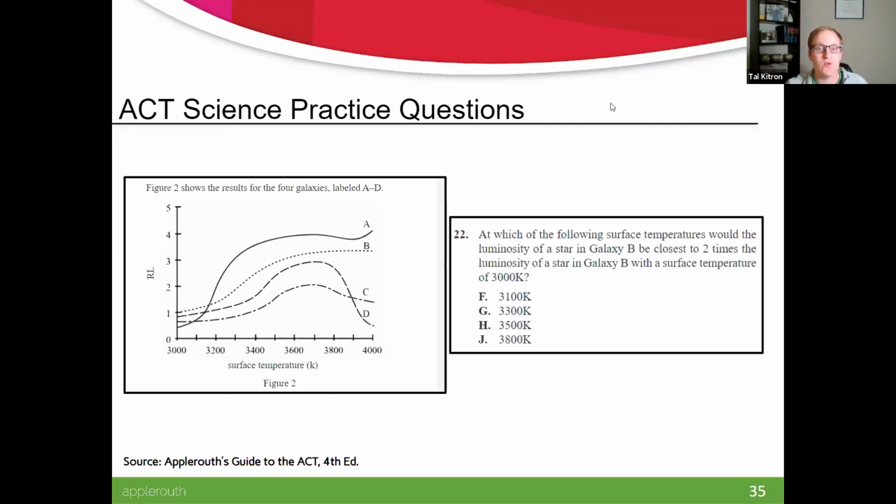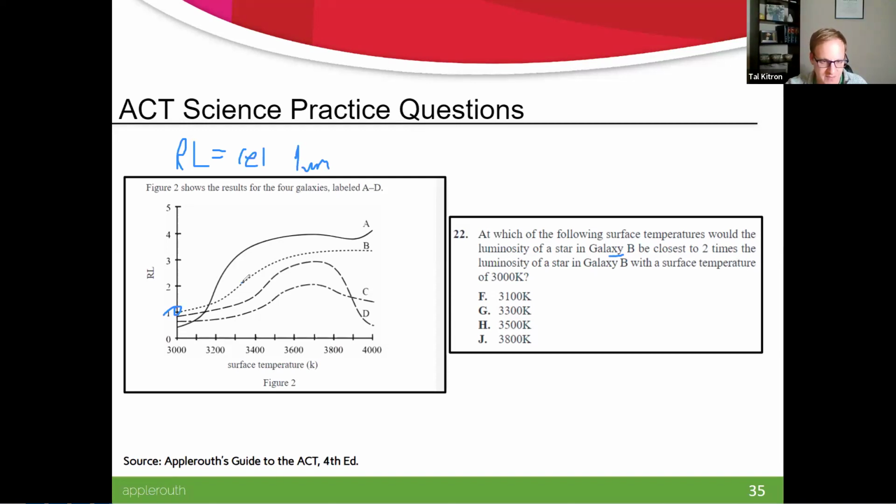All right, so the first thing here is I don't know what luminosity is. So on the test, I go back to the passage where they probably tell me RL is relative luminosity. So this is luminosity. And so let's look at galaxy B at 3000. That would be at 1. And they're saying, let's compare that. Like, when would it be 2 times that?